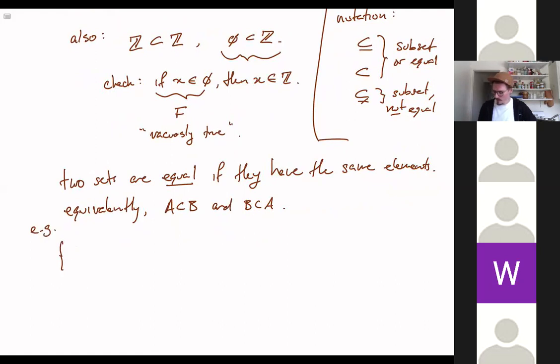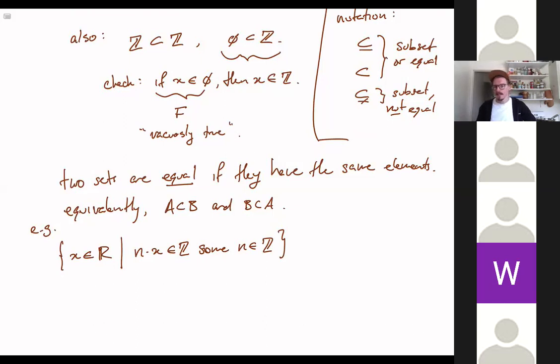Let's use this set builder notation. Take the elements x of the real numbers such that n times x is an integer for some n an integer. So these are elements of the real numbers that you can multiply by an integer to get an integer.